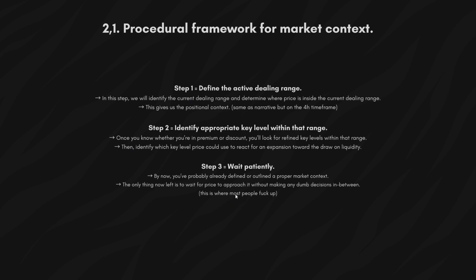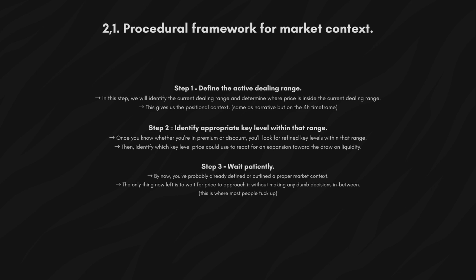They can easily outline a proper market context on the 4-hour, but what they struggle with is patience. Okay, what they do is they jump in because price is moving, or they think price is just going to expand higher without them, and they feel FOMO there, and that's what leads them to making dumb decisions in between and taking invalid trades that don't make sense, and that leads to unnecessary losses.